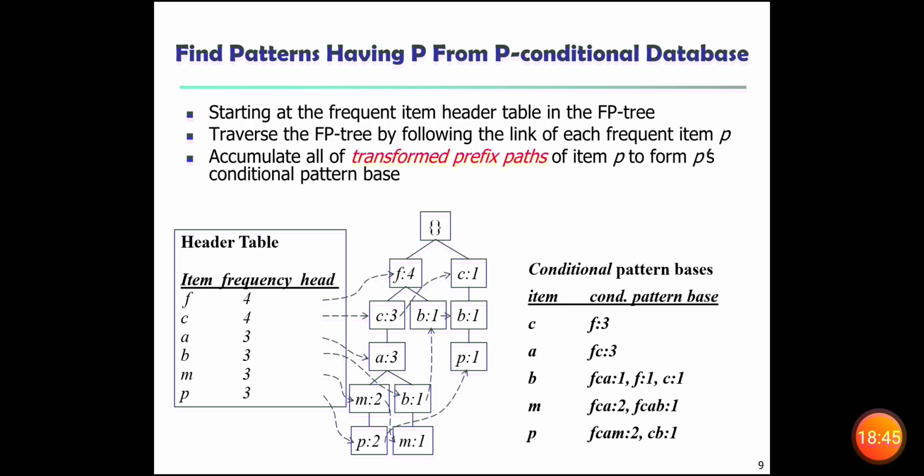We have to consider this tree carefully. In the header table, the items are FCABMP, with the corresponding support counts given here. The tree is already created. Now we will start from the lowest level, which is P with count 2, at the bottom. From here you can take.